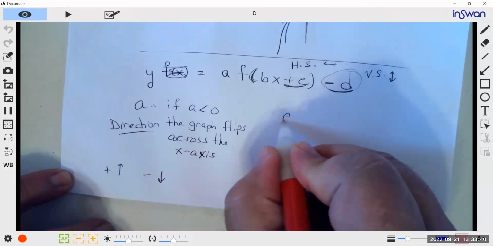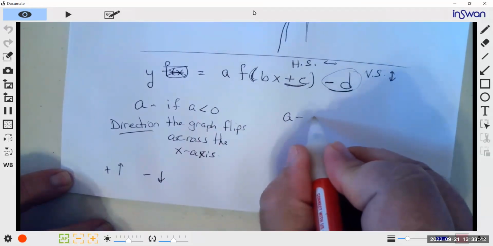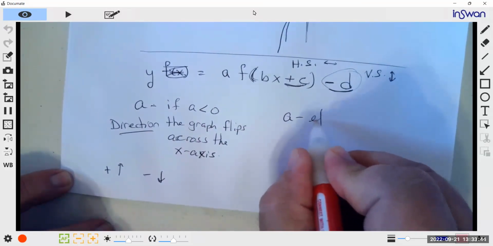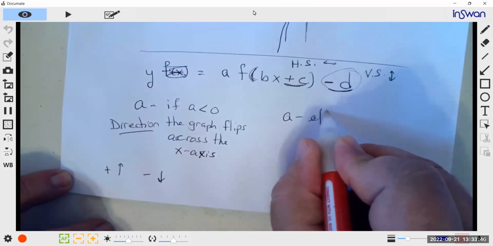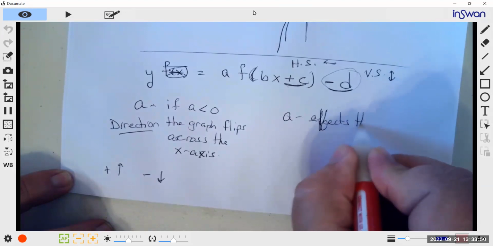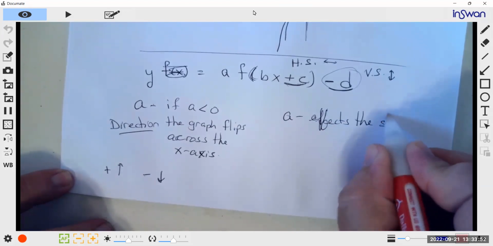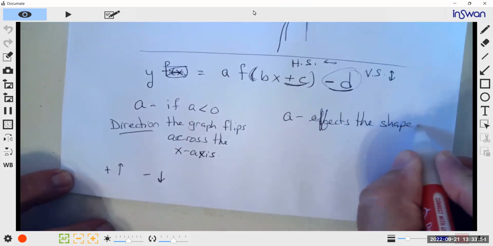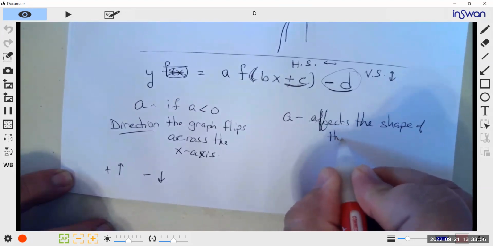Now, A also affects the shape of the function.